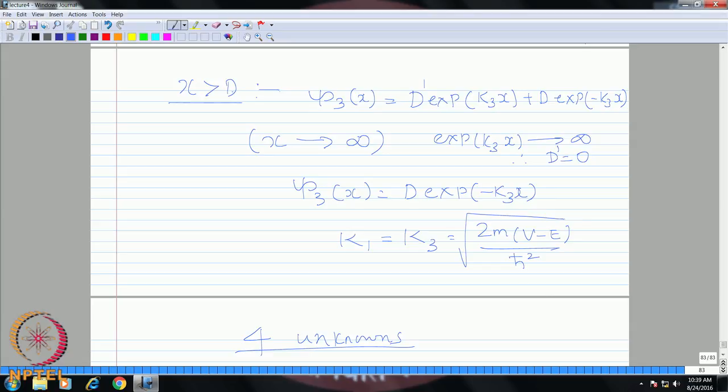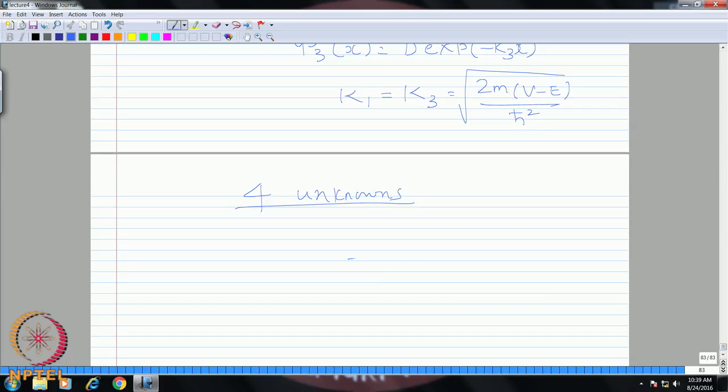But in this case we continue to have wave functions for x less than 0 and x greater than d. So, you are talking about a wave for x less than 0. You may have a wave, and this can continue like this and keep going. For x less than 0 you have a wave, for x between 0 and d this wave has to continue, and then for x greater than d, again this has to continue.